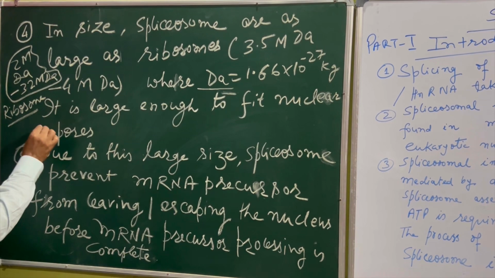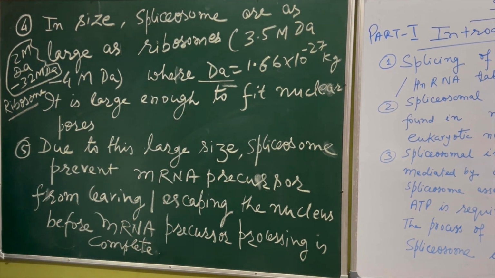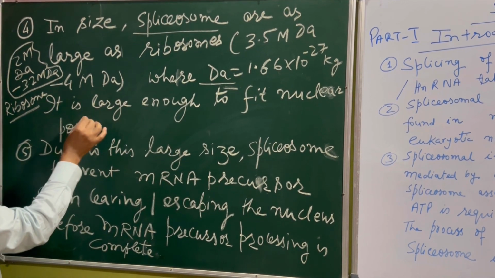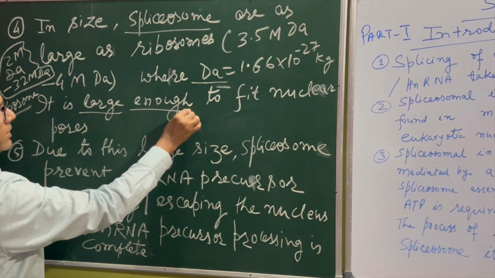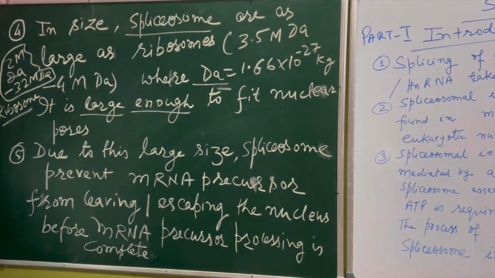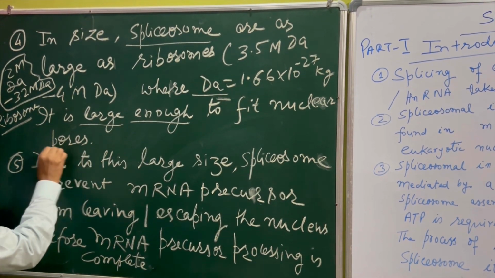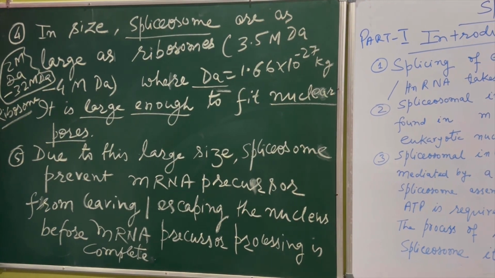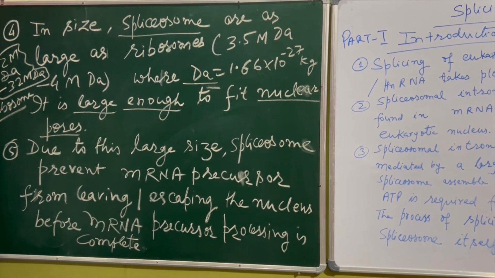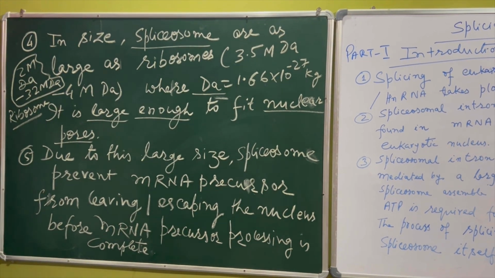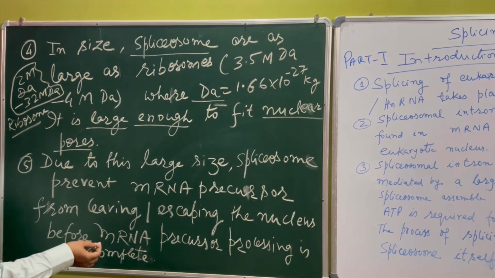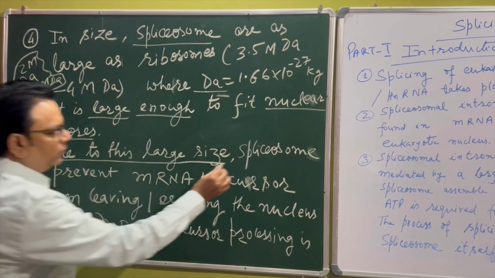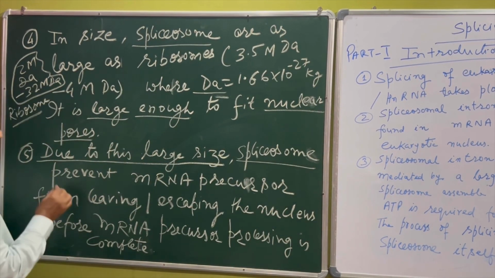So, due to its size, the spliceosome is large enough that it does not pass through nuclear pores. And due to this large size, what does the spliceosome do?